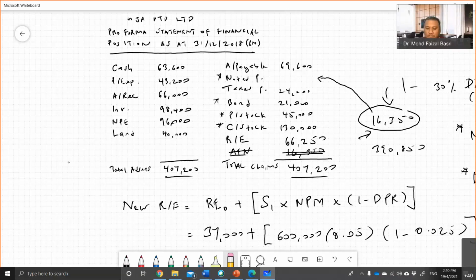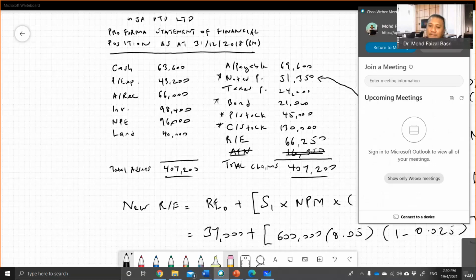So 35,000 plus 16,350, we're going to have 51,350. And we're going to get our final statement looking like this. The total is still the same. The only main difference would be this AFN will be transferred to the respective source, according to the question.